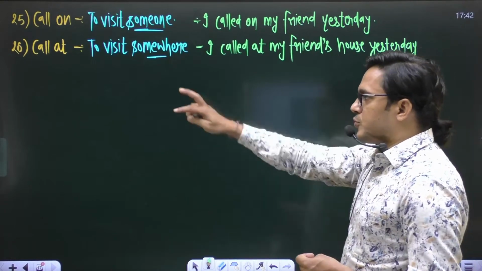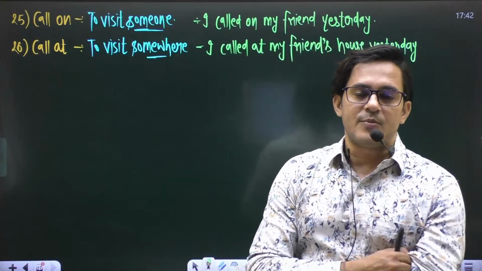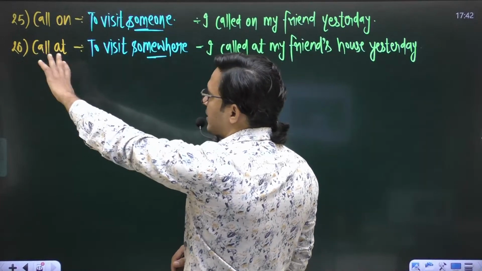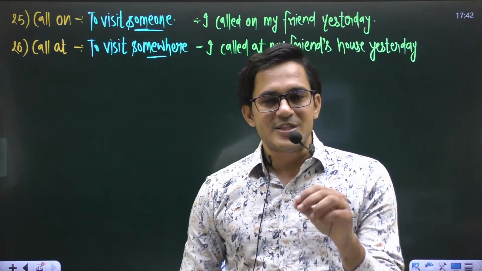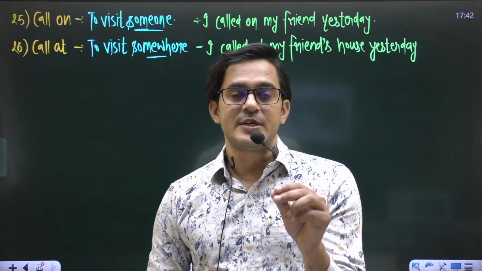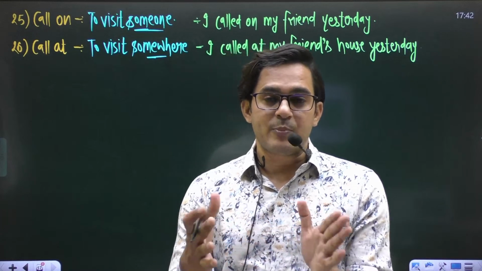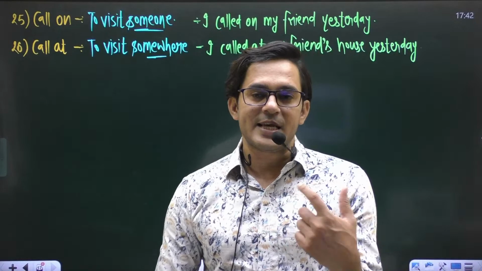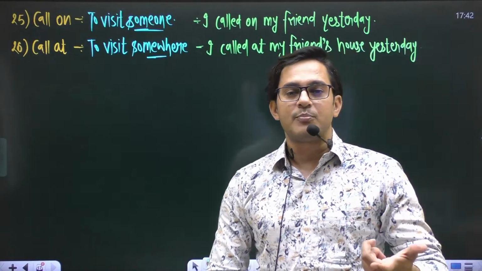Generally, these two phrasal verbs confuse students in exams, right? You must be aware of the difference between both phrasal verbs. Call on means to visit someone, to visit a person. Call at, the preposition at is a preposition of place as a point, so call at means to visit somewhere or to visit a place.